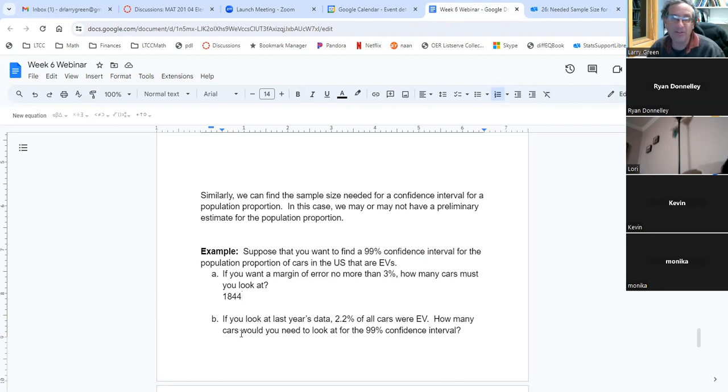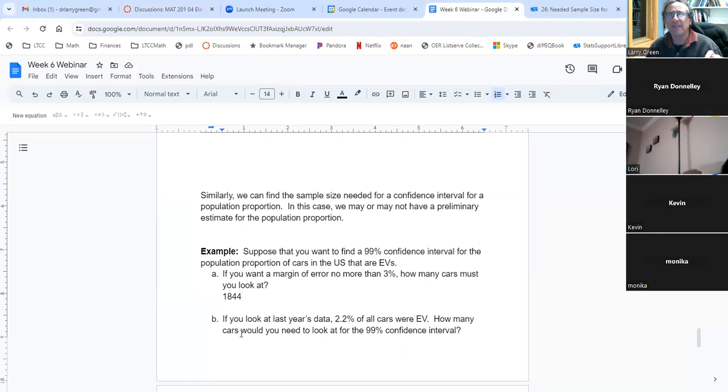How many cars would you need to look at for a 99% confidence interval now? Okay, so you had a question, confidence level or confidence interval? The calculator's CL is confidence level, but it's interval for this question.